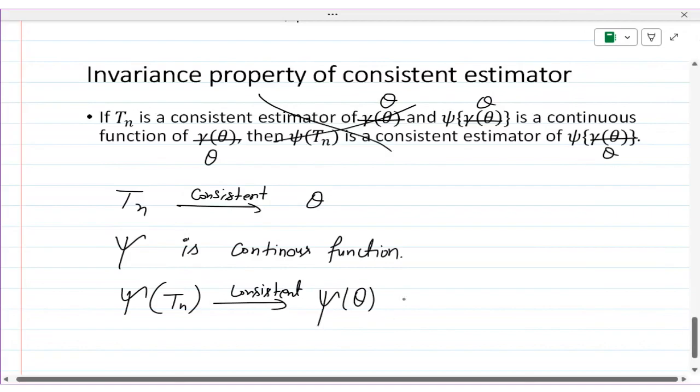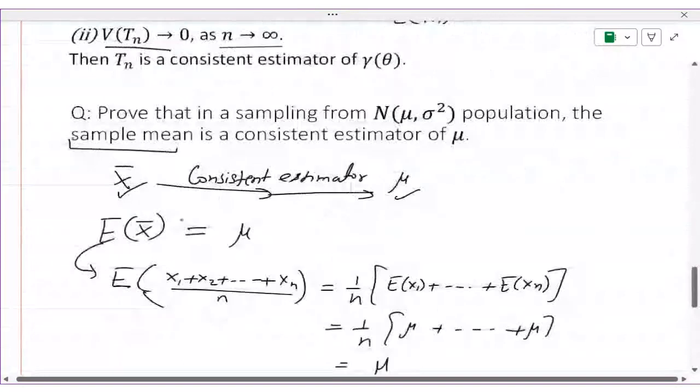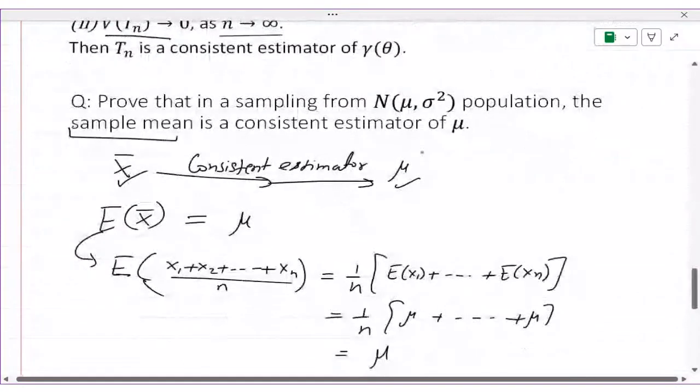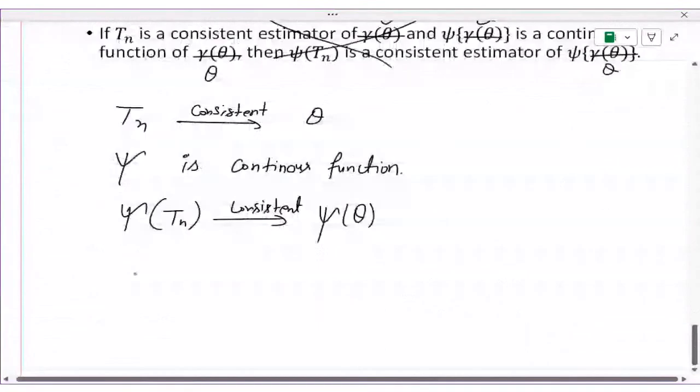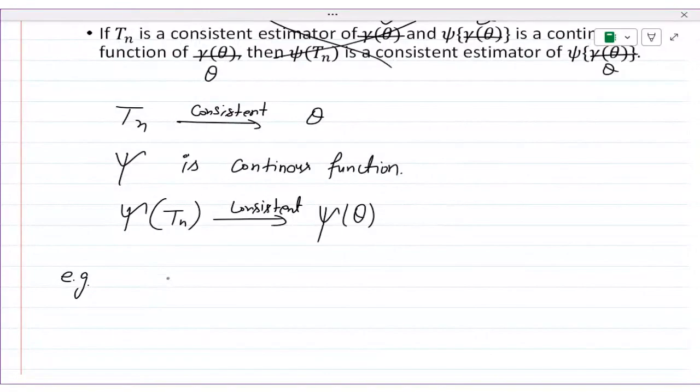So for example, now we have done this example that the sample mean x bar is a consistent estimator of the population mean. So we have seen that with the help of this sample mean, we can estimate the population mean consistently.